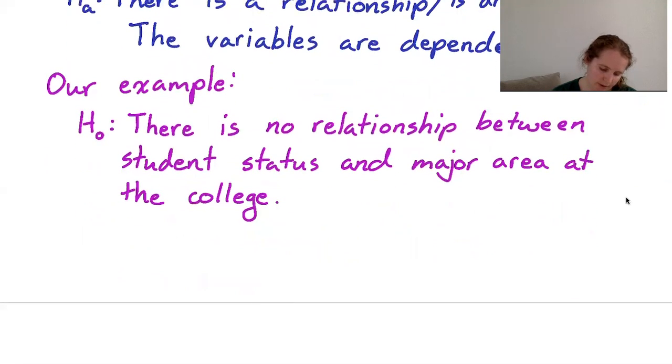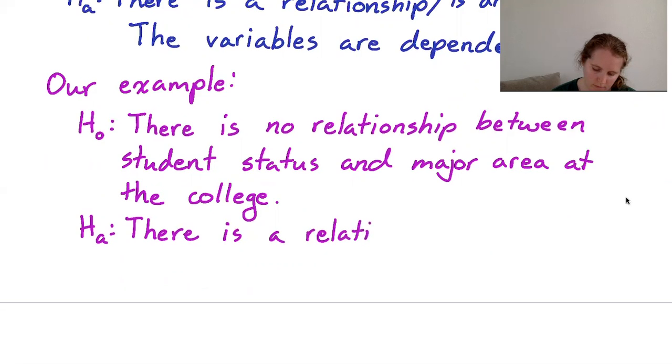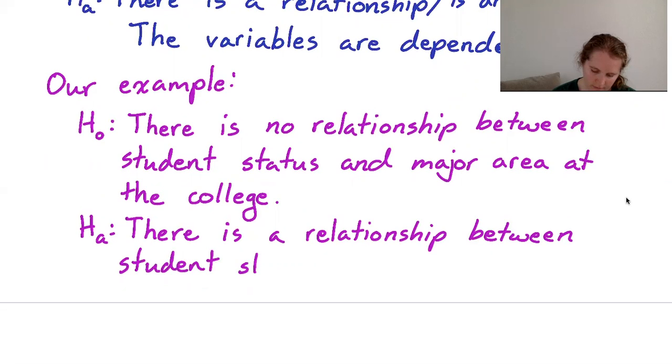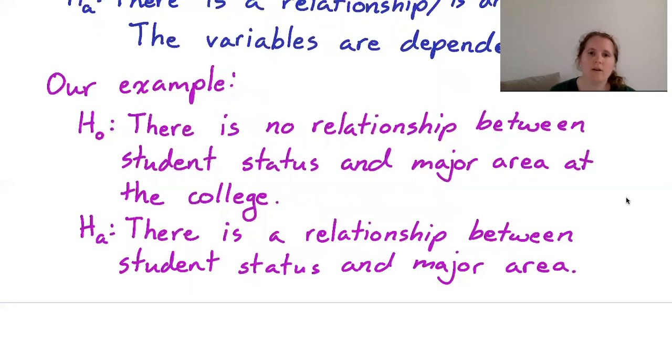And the alternative hypothesis would simply be that there is a relationship between student status and major area. So these are our hypotheses.